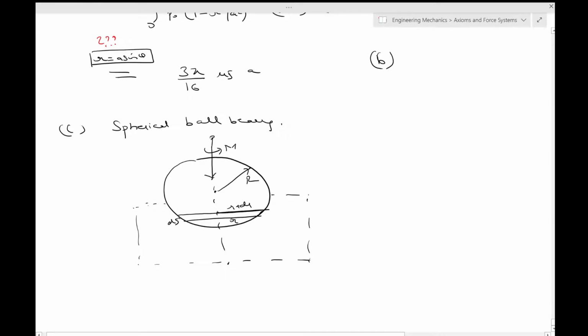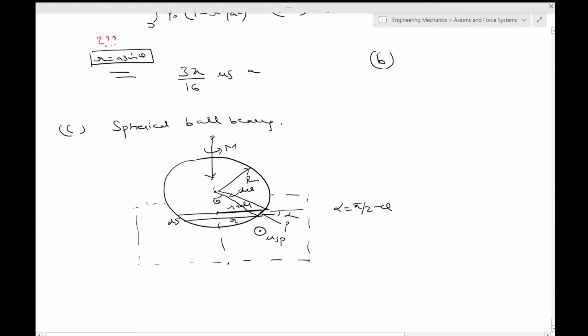Okay, this angle is theta, this angle is d theta. Okay, and on this part you have this P acting at an angle of alpha, and clearly alpha is equal to pi by 2 minus theta, and the friction is acting mu s P.